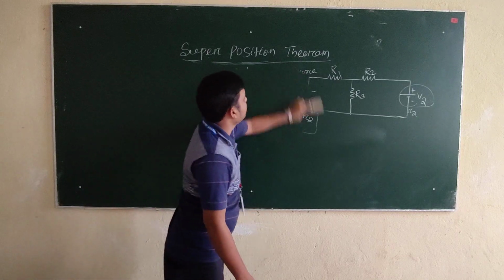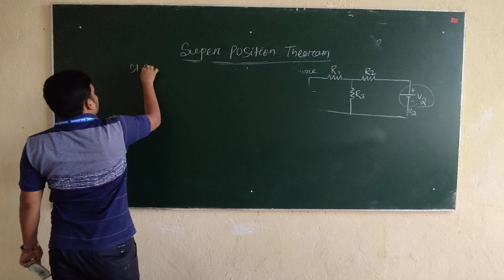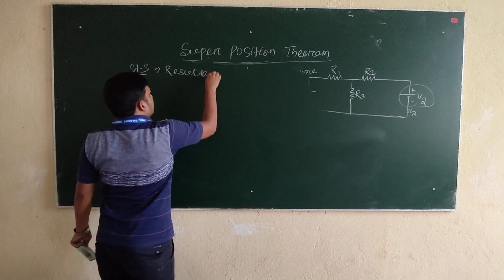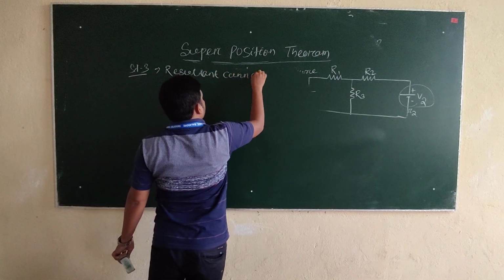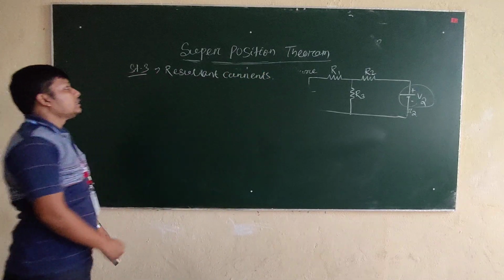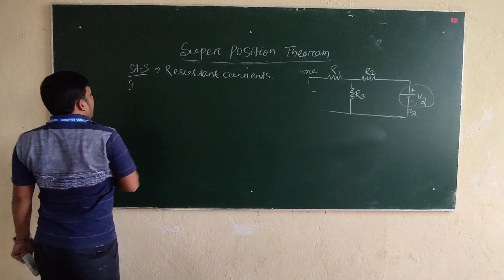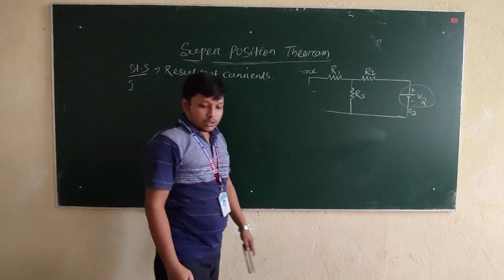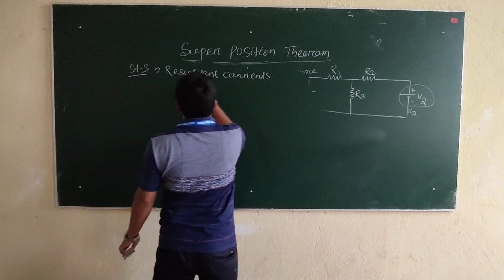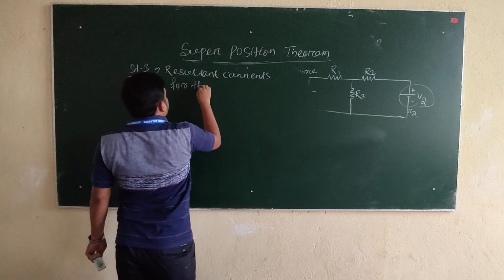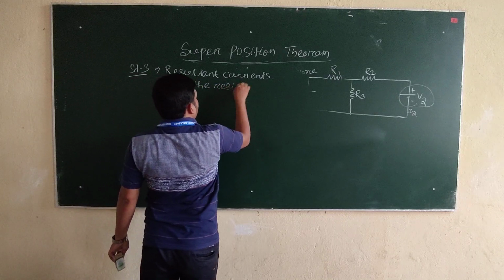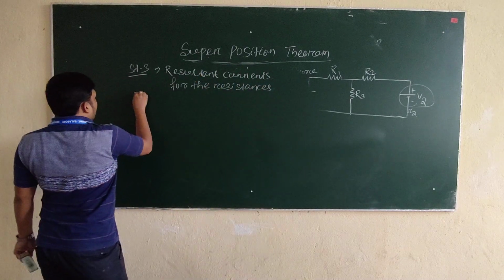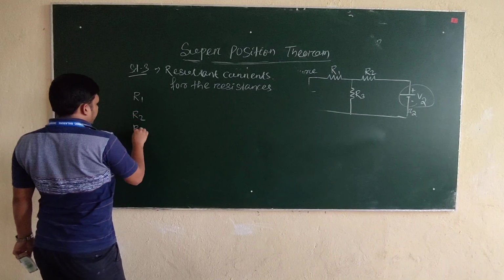In step 3, we find the resultant currents for the resistances R1, R2 and R3.